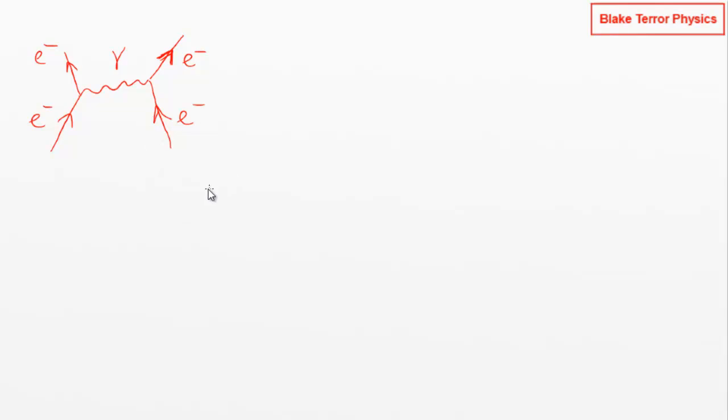All right, so let's take a comparison of this then to if we had a positron thrown into the mix. So again, we've got our time going upwards. That's time going up here. But now we're starting with an electron at the bottom and a positron at the bottom. So they're going to start moving.